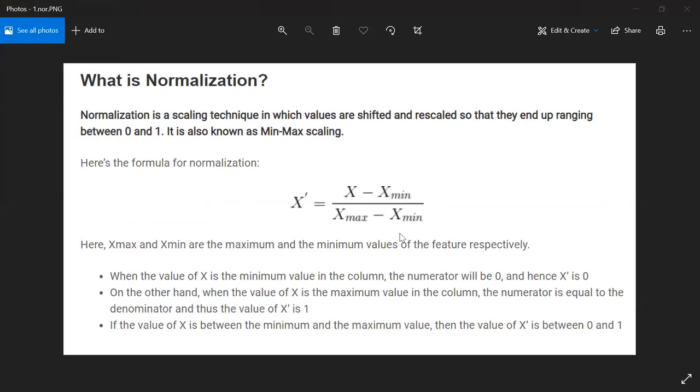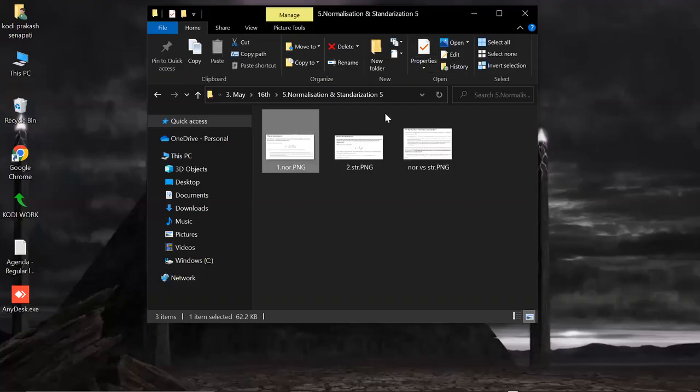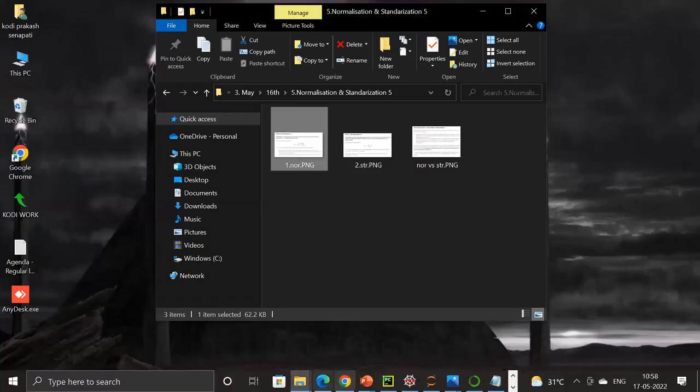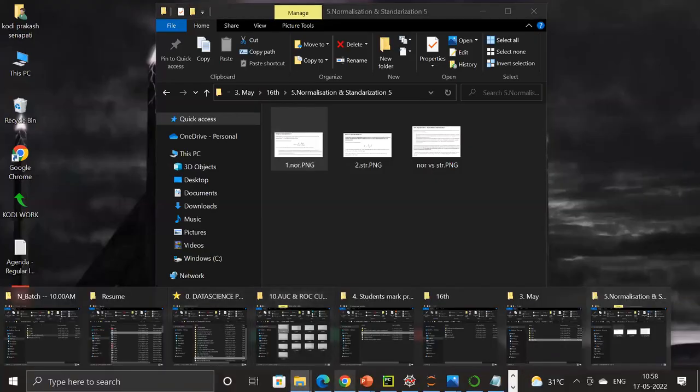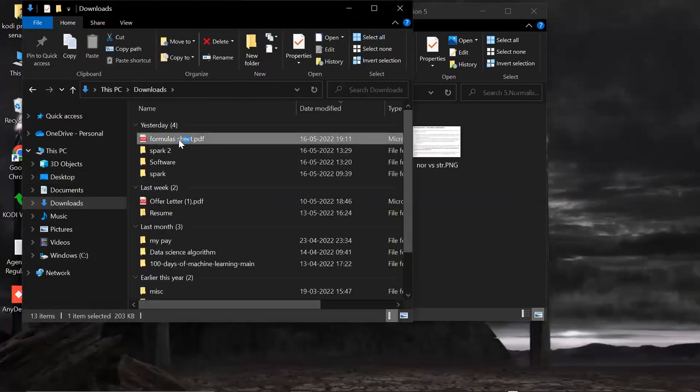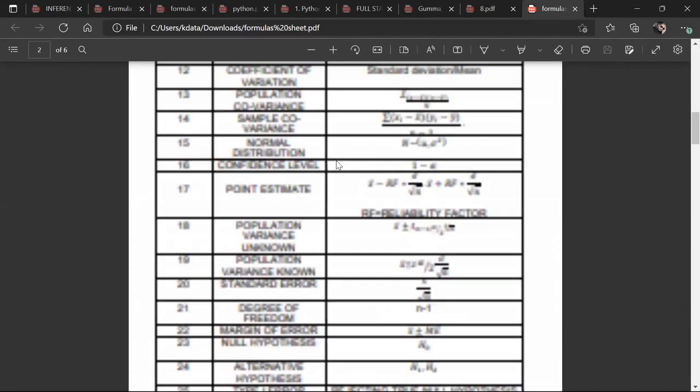I hope you understand. So now, no need to worry. One of my students prepared a formula sheet. I will share all these important formulas with you, because you guys have not prepared formulas. Did you see she mentioned all those things? I already shared it, but she added many more formulas.